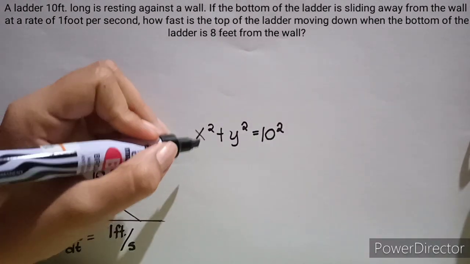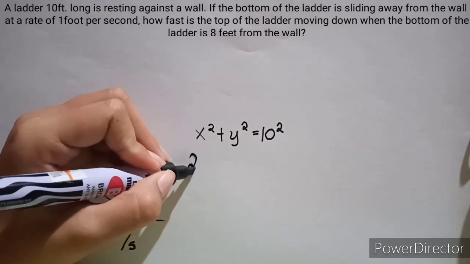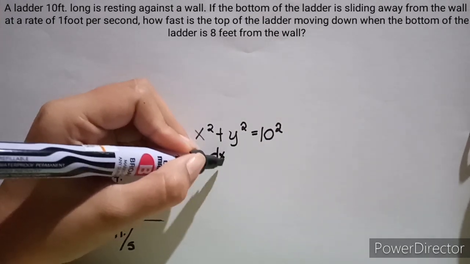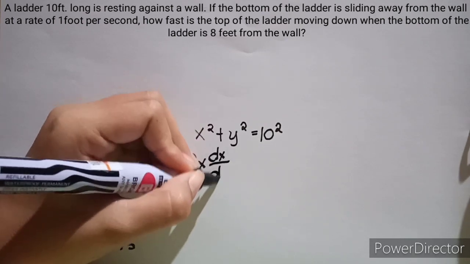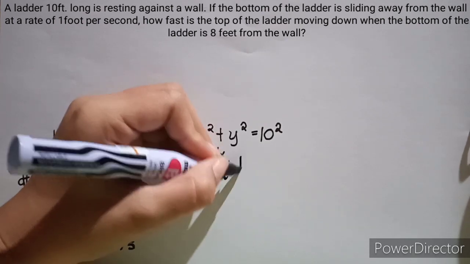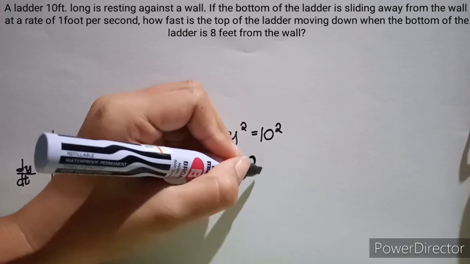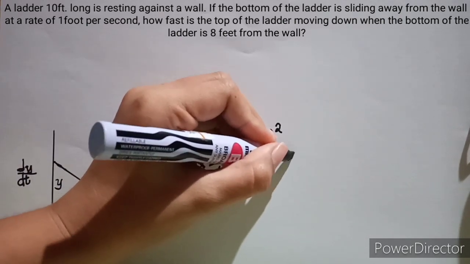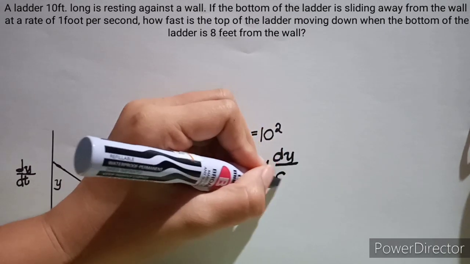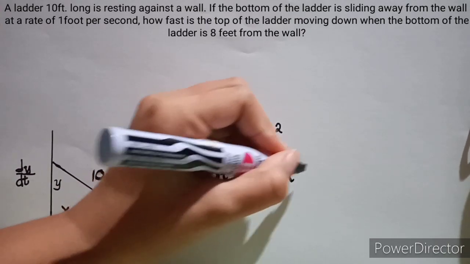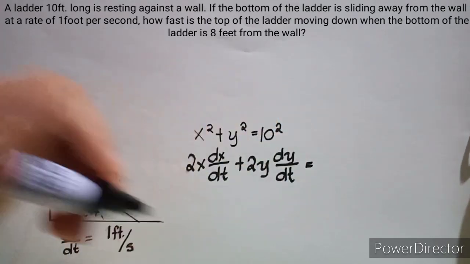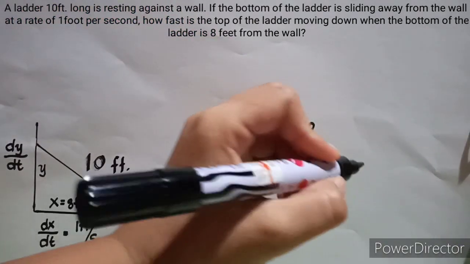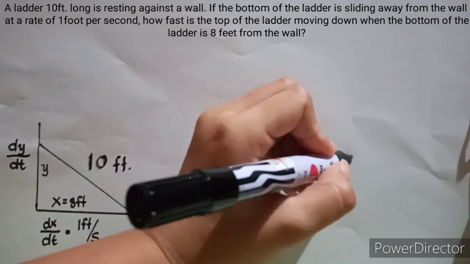Here, 2x dx over dt plus 2y dy over dt equals the derivative of our constant, which is 0.